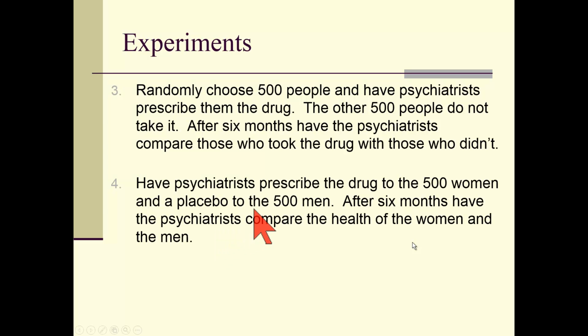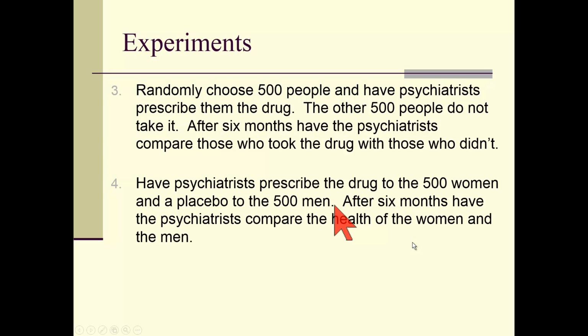So, okay, now we've removed the effect of psychology of getting or not getting the drug. But if you look at this, then I would hope that you'd have another consideration or complaint about this. We're supposedly giving the drug to the 500 women and a placebo to the 500 men.